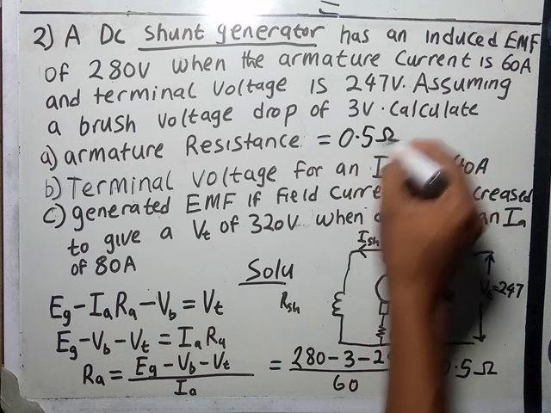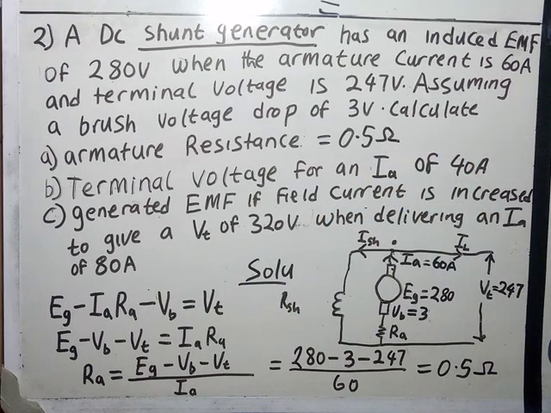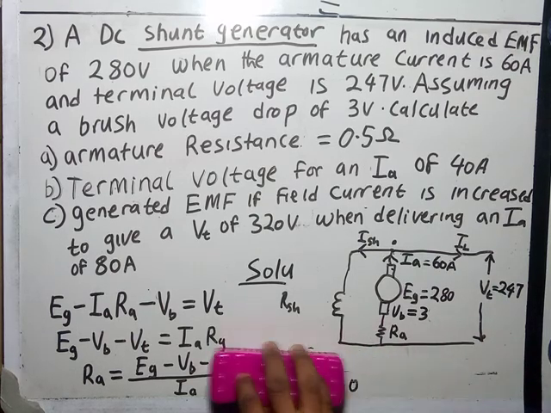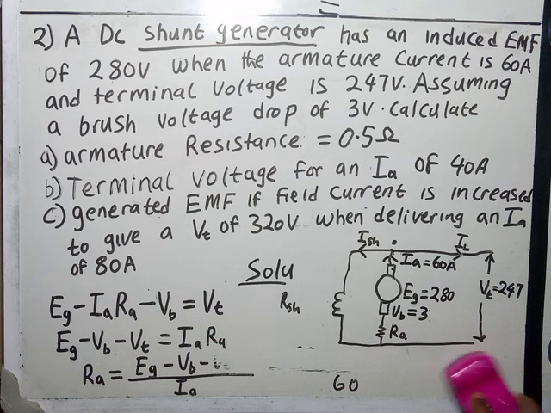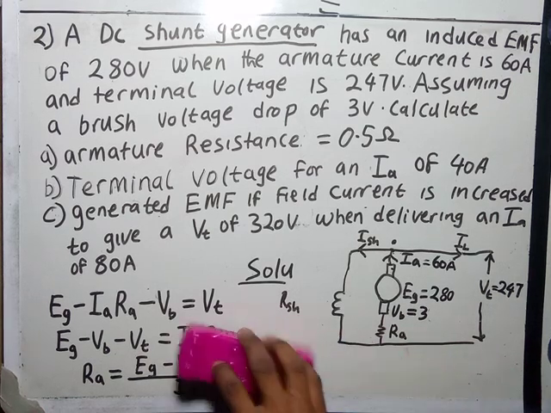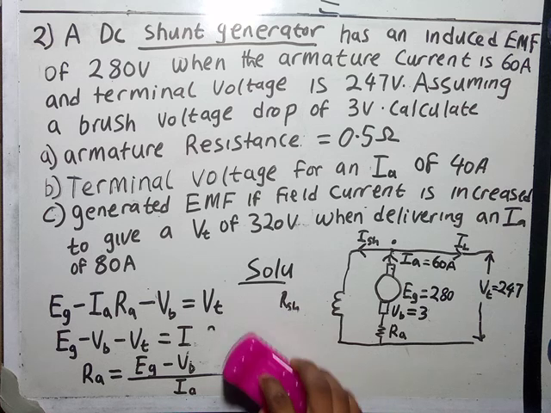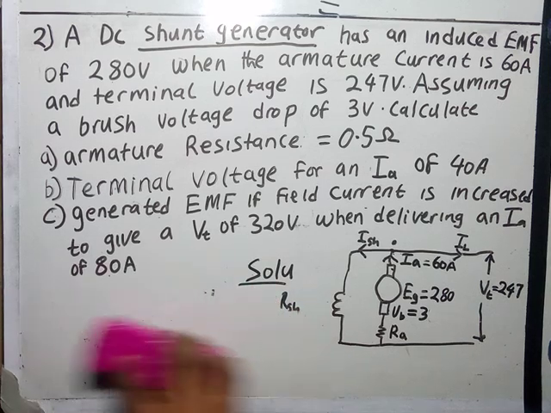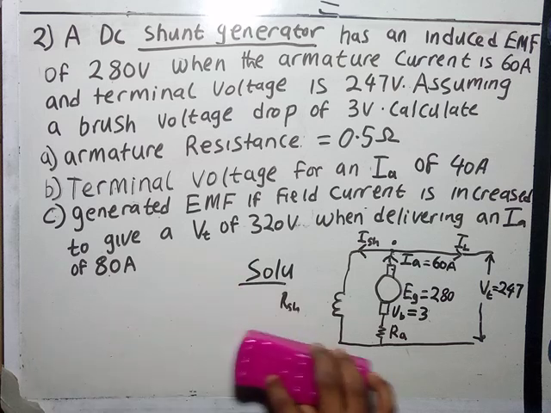0.5 ohms. Now moving over to the second question. The second question says terminal voltage for an armature current of 40 ampere.